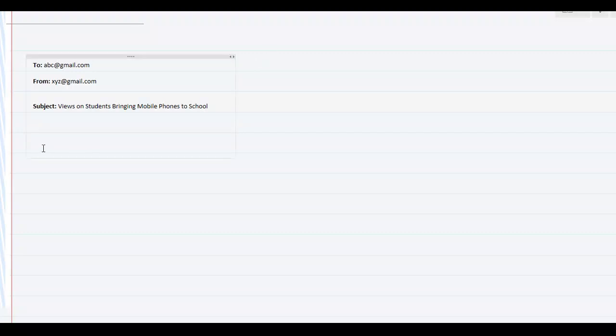Okay, so the ideas that we had worked from text A are basically, let me just quickly type it down here. Number one was mobile phones make students feel safe.